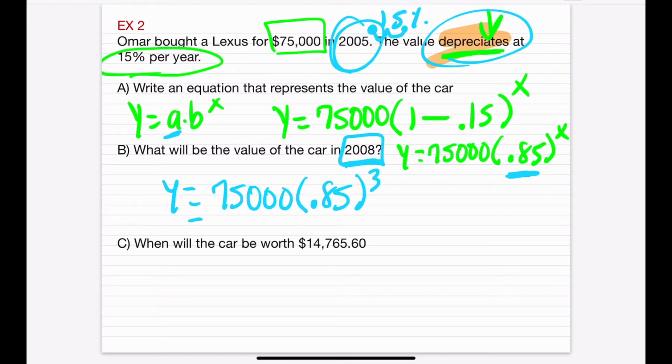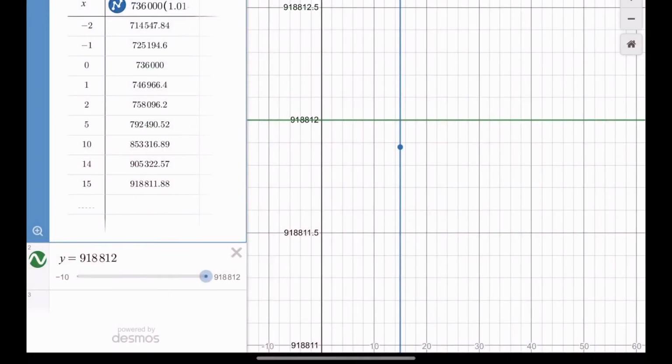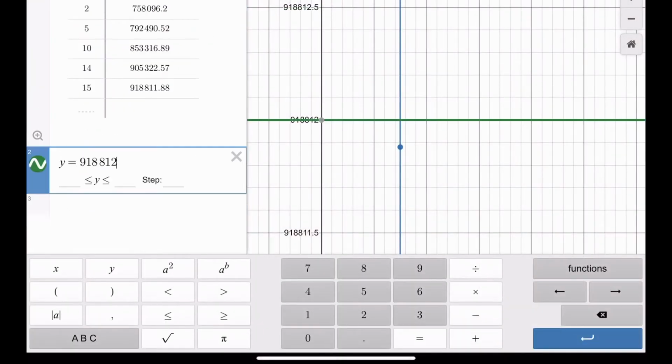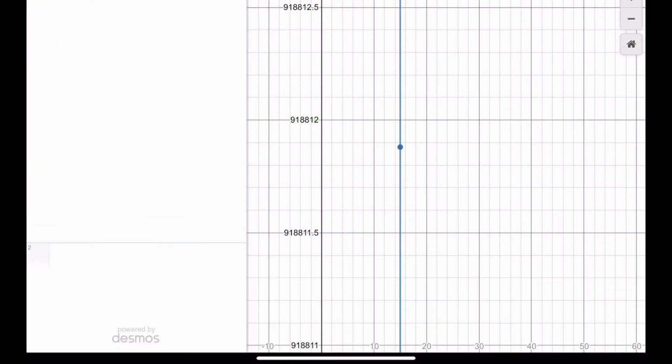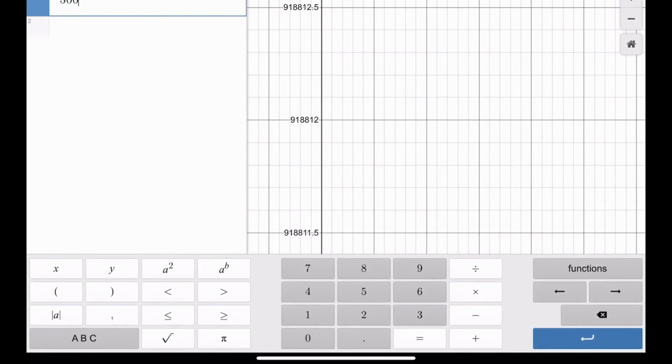And let's get our answer there. Let me clear all this out. So 75,000 was the initial. The decay factor is 0.85 because we did 1 minus 0.15. And then we're asking about the value of the car 3 years later.